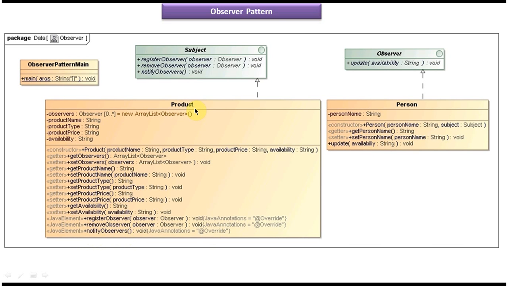And also this product has four variables: product name, product type, product price, and availability. So whenever the availability changes from not available to available, this product subject will send notification to all the registered observers. That we can see in the code.